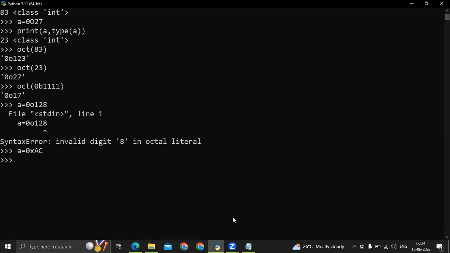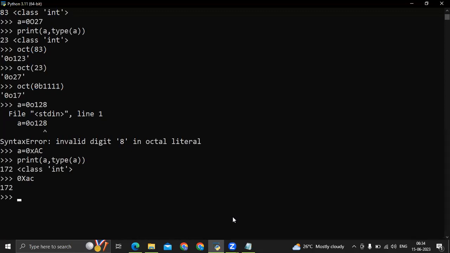Now print A, type of A. 172, this is the class int. Now, if I write 0xAC in capital and in lowercase, we get this value again.